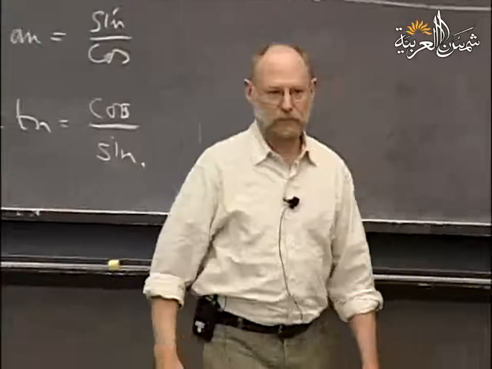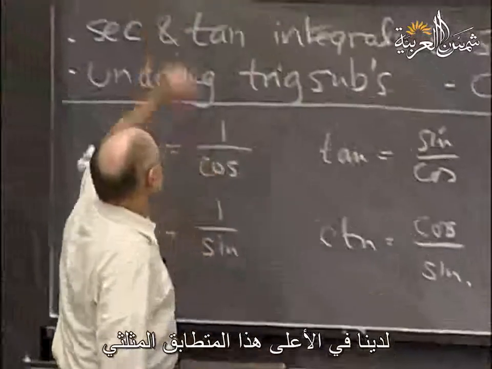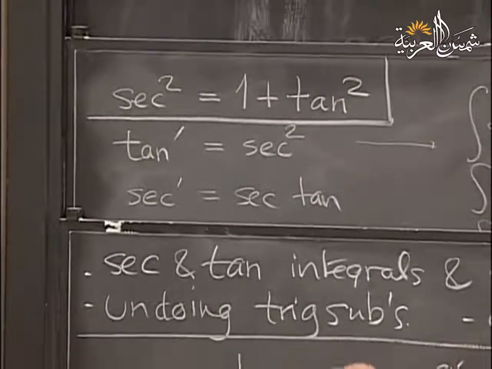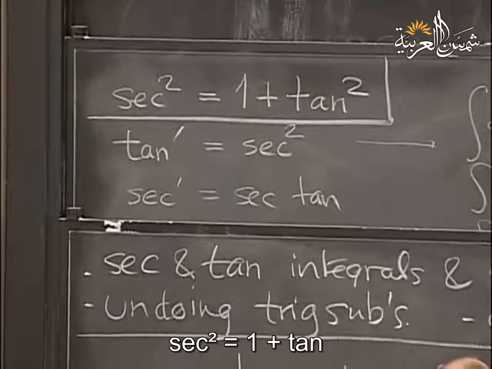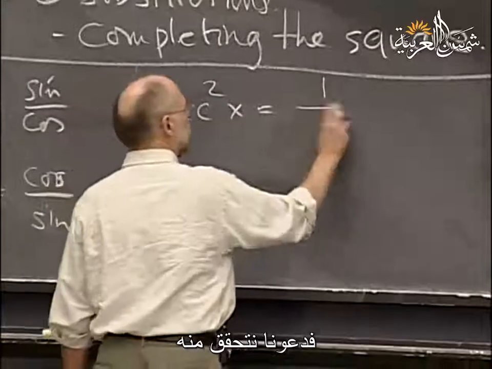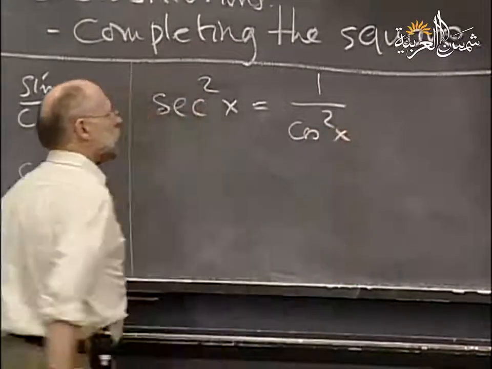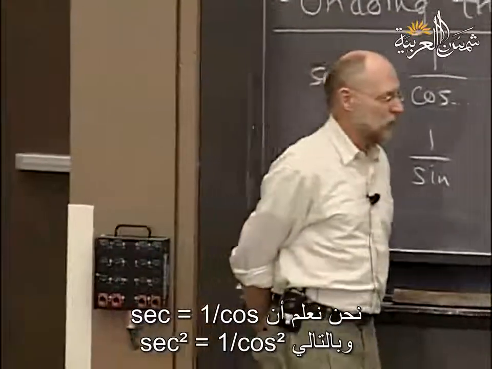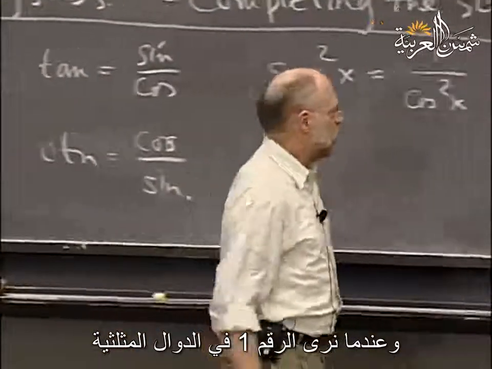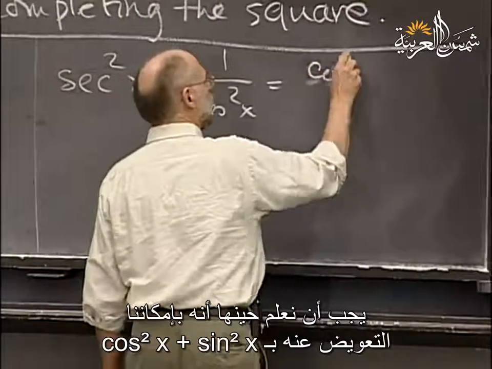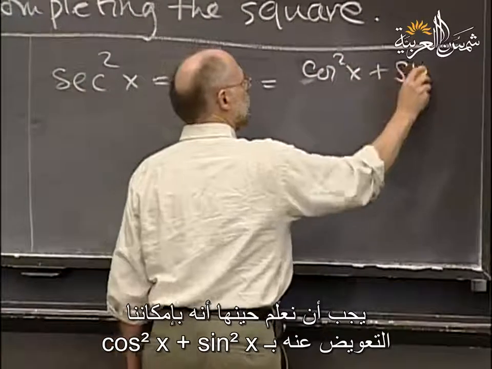Well, I have a few identities involving tangent and secant up there on that little prepared blackboard above. Maybe I'll just go through and check them out to make sure that we're all on the same page. So I'm going to claim that there's this trig identity at the top: secant squared is 1 plus tangent squared. So let's just check that out. The secant is 1 over the cosine, so secant squared is 1 over cosine squared. And whenever you see a 1 in trigonometry, you'll always have the option of writing it as cosine squared plus sine squared.